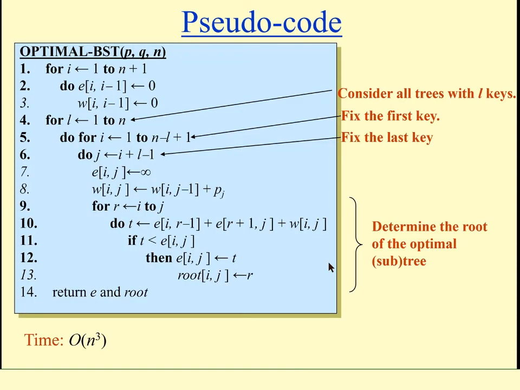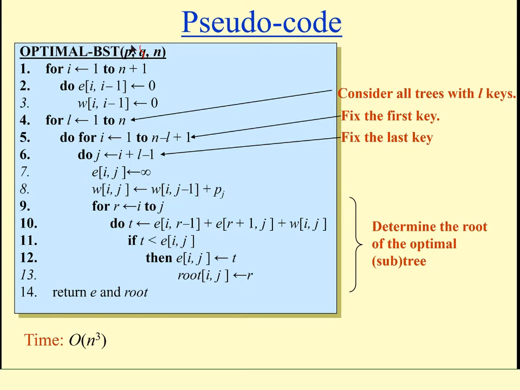This is our final result. In the pseudocode, the input is p, q, n. In fact, even if you ignore q it is okay, because you can find the code does not contain q. Even when we calculate w, we didn't use q, only p.